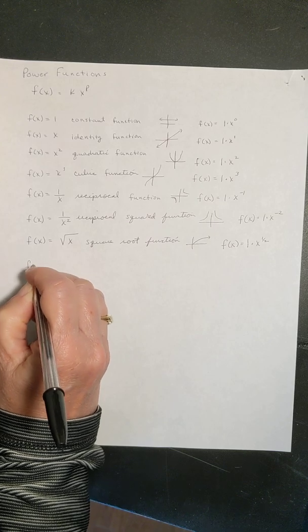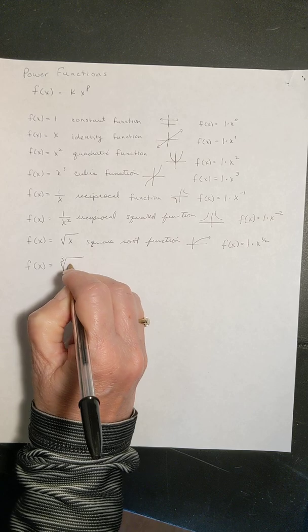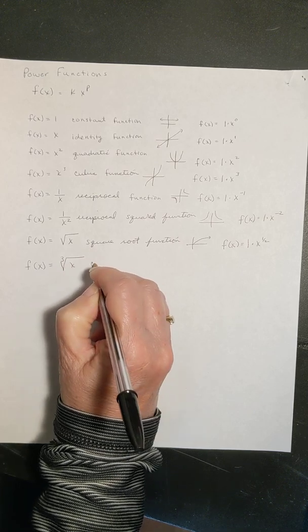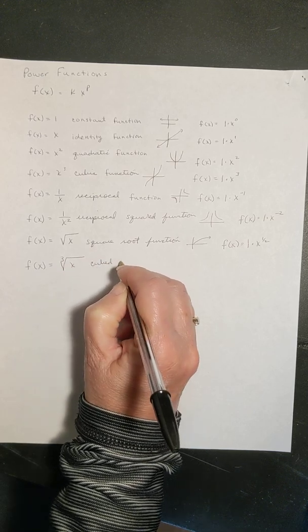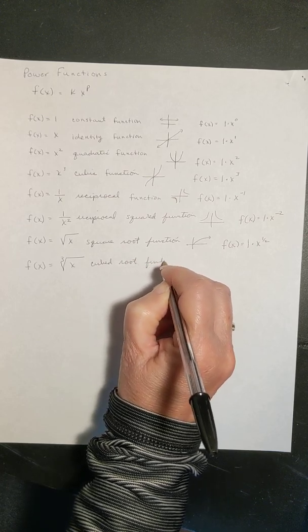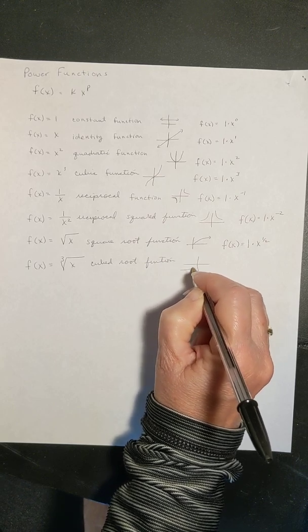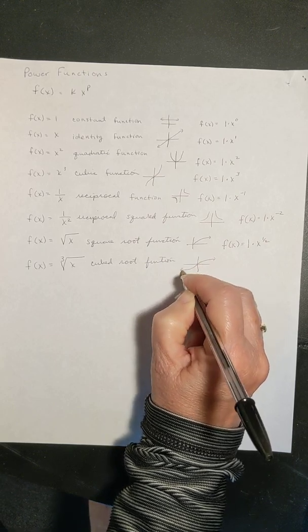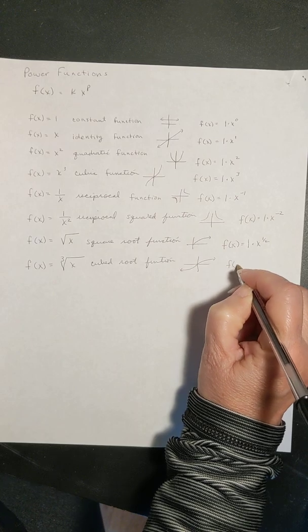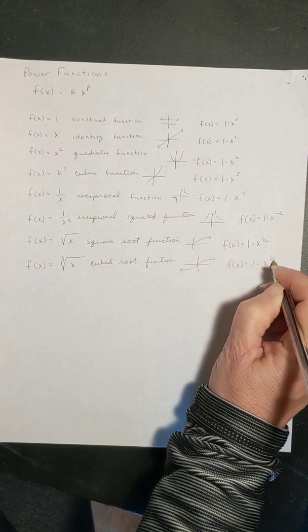And so therefore we also have the function f of x is equal to the cube root of x, and that's the cube root function. And if you recall, that one looks like the sideways snake. And it is a power function because this is f of x is equal to 1 times x to the 1/3.